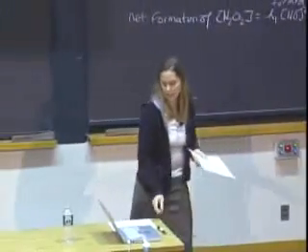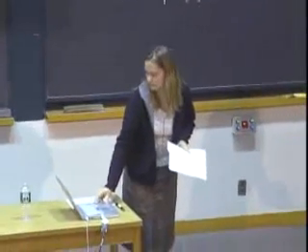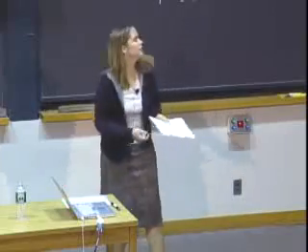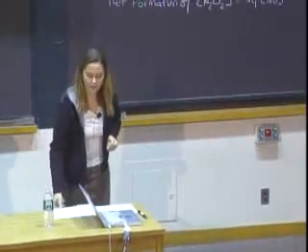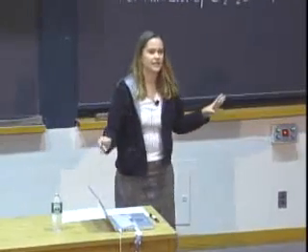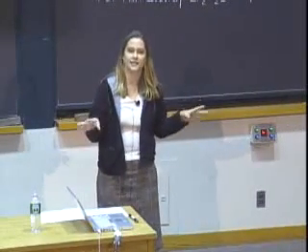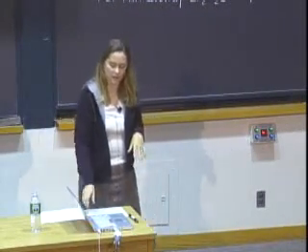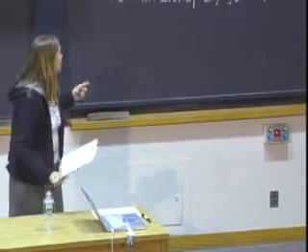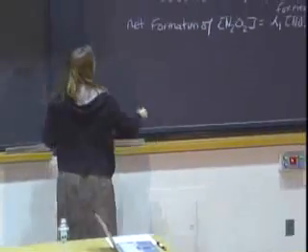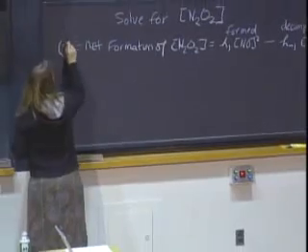And now we can use something called the steady state approximation. In the steady state approximation, all it's saying is things are in a steady state. So that means that the net formation of this intermediate is equal to 0.